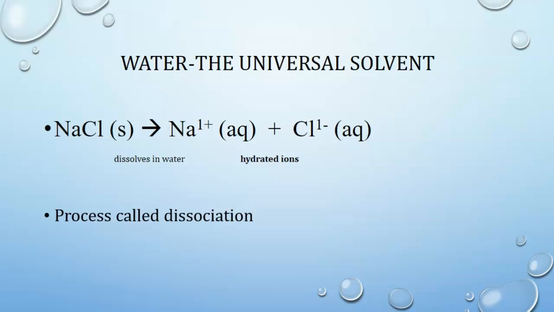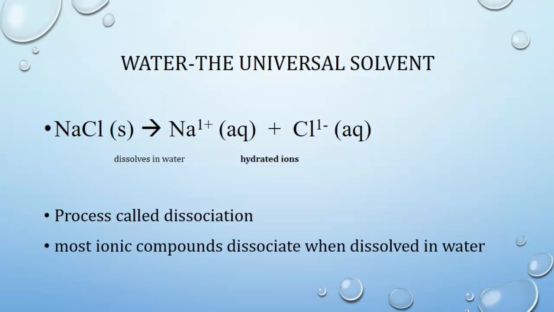When you associate with someone, you're usually meeting that person and having an association. Dissociation means to break apart. So when an ionic substance dissolves in water and it breaks up into ions, we say that it dissociates. And most ionic compounds will dissociate when you dissolve them in water.